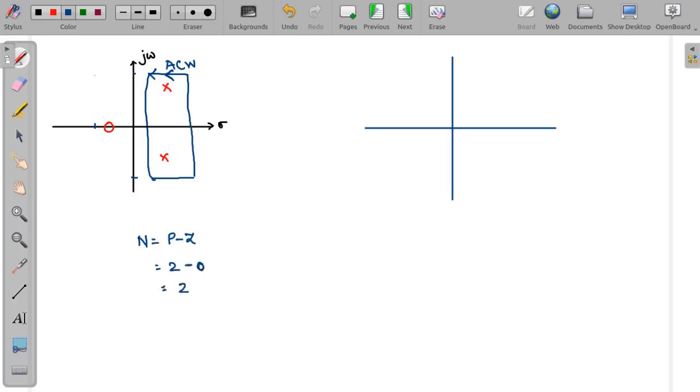So the number of encirclements will be 2 in your complex domain. So the origin will be enclosed twice. In which direction? As this is a pole dominant system, whatever is the direction over here, it will be the opposite. So here it will be in the clockwise direction. In the clockwise direction, this will be one of the encirclements, and another encirclement will be this one.